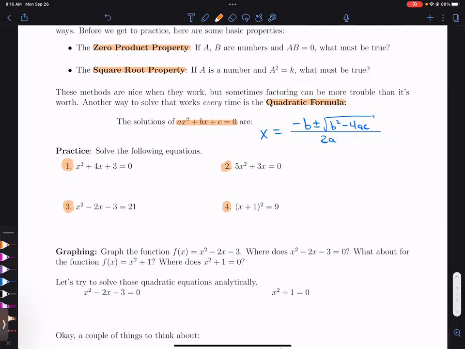So that part is important. You've got to do that first. So before you can factor, before you can use the quadratic formula, you need everything on one side of the equation.